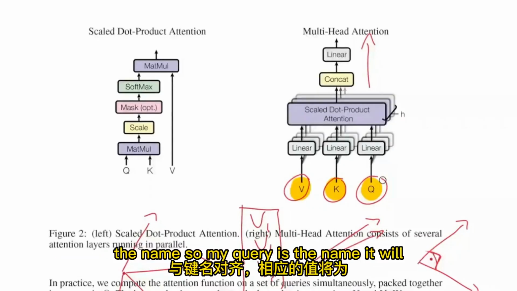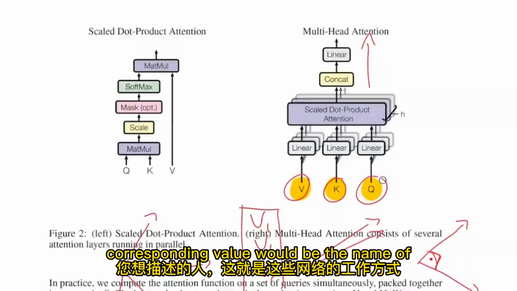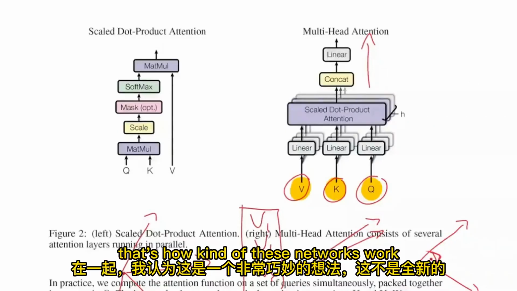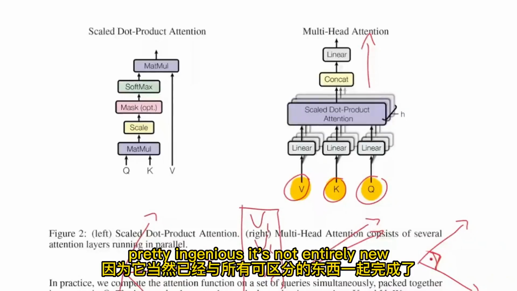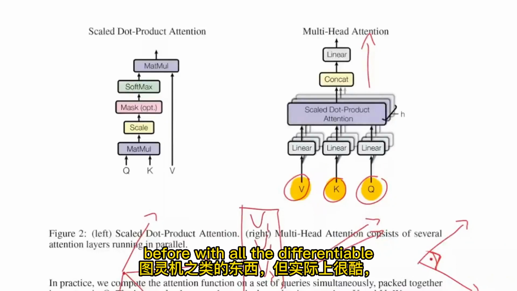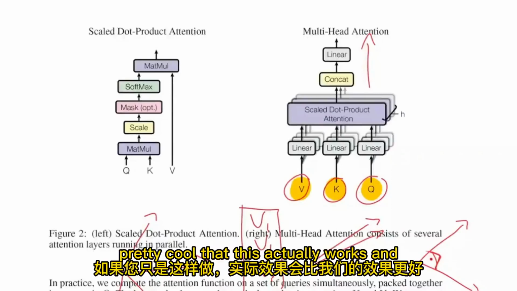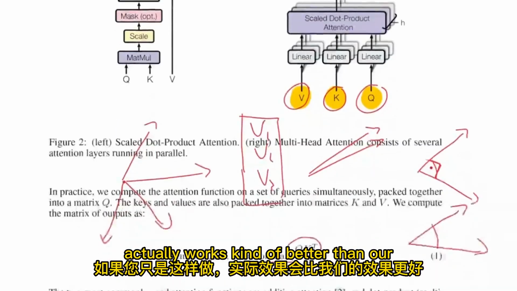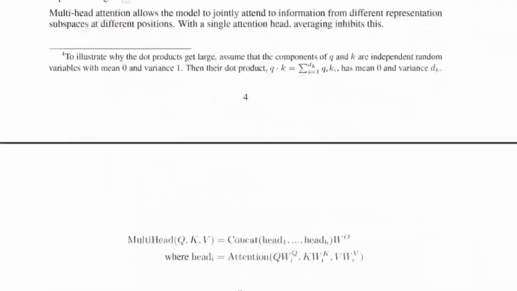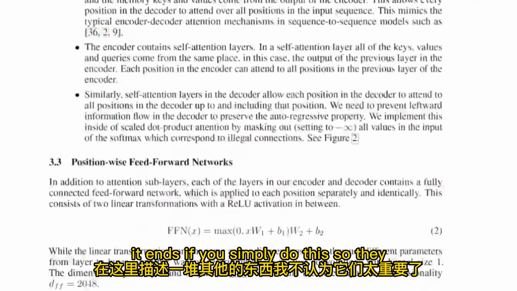It will be aligned with the key name, and the corresponding value would be the name of the person you would like to describe. So that's how these networks work together. And I think it's pretty ingenious. It's not entirely new because it has been done, of course, before with the differentiable Turing machines and whatnot. But it's pretty cool that this actually works, and actually works better than RNNs if you simply do this.